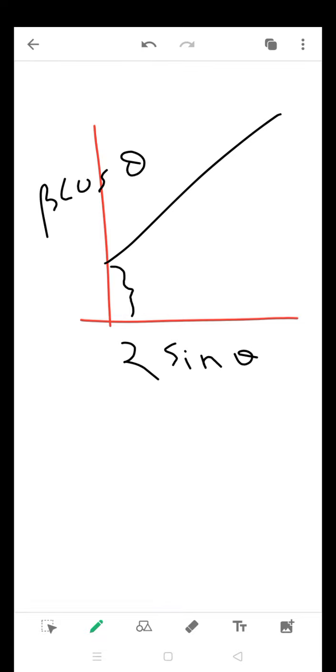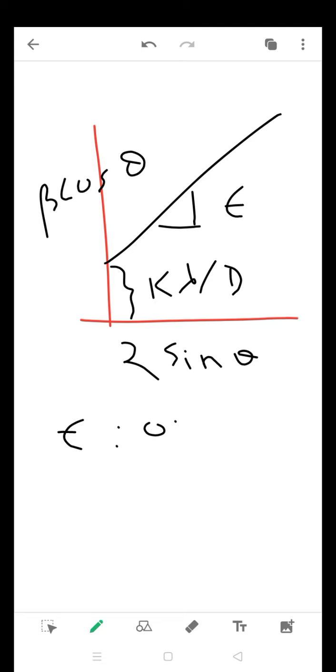So this is the intercept, which is k lambda by d, and the slope is actually the epsilon, which is the lattice strain. Okay. So the lattice strain actually came out to be 0.285. And interestingly, you can see that with increase in lattice strain, the crystallite size showed a decrease.